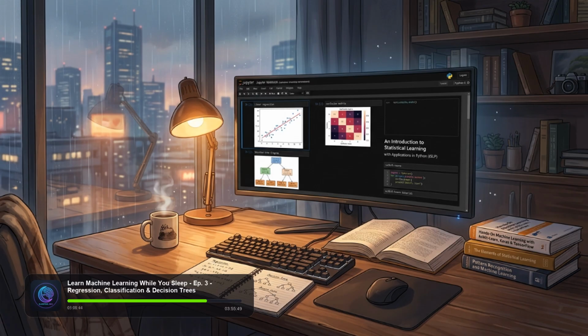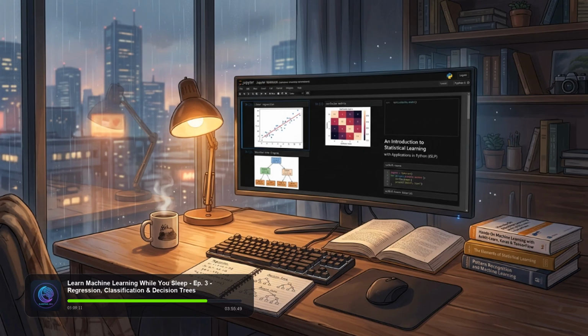The first component is the prior probability, denoted as p of y equals k. The prior probability represents our baseline probabilistic belief about the likelihood of class k before observing any feature data. In a training dataset containing 1,000 observations where 200 belong to class k, the prior probability p of y equals k is simply 20%.